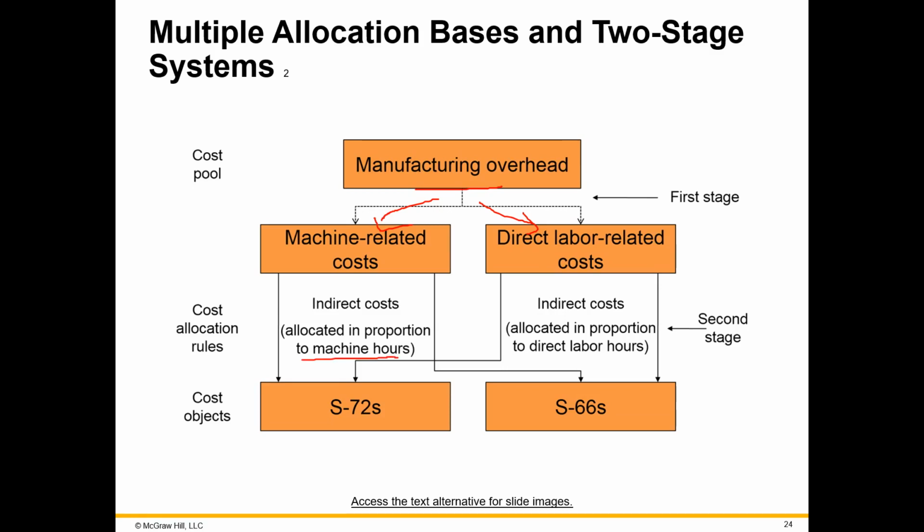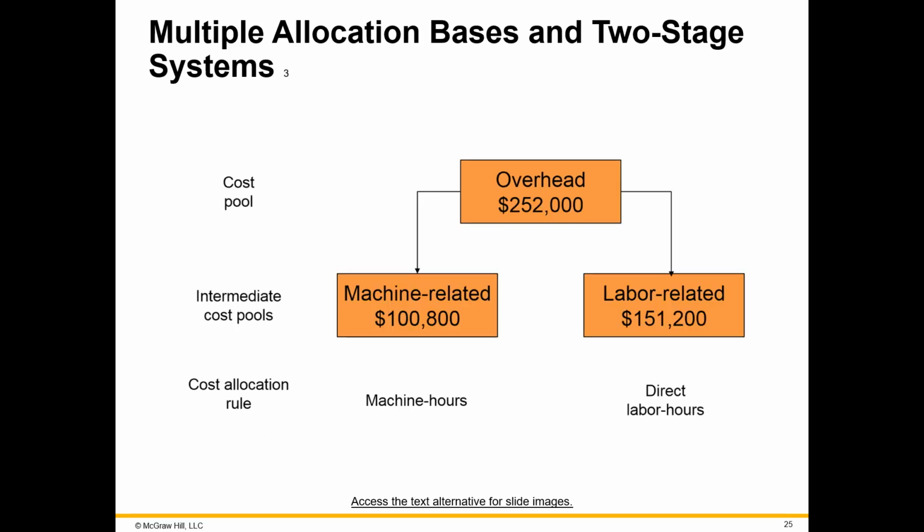So some questions can have multiple layers like this one. And so in this case, they found that the $252,000 in overall overhead can be split into $100,800 machine-related cost and $151,200 in labor-related cost.